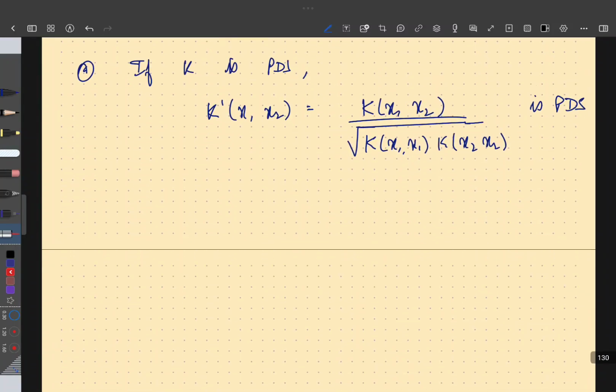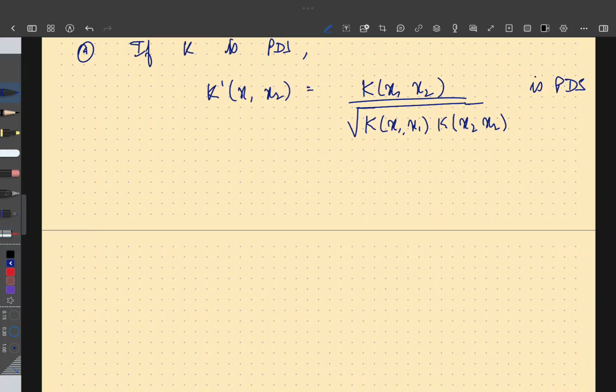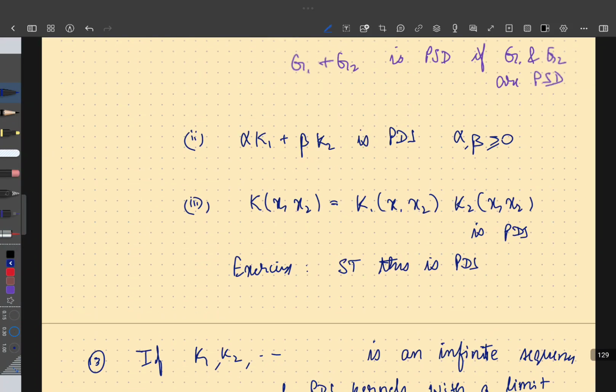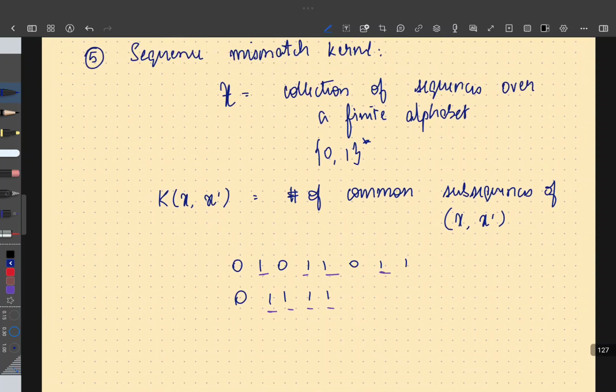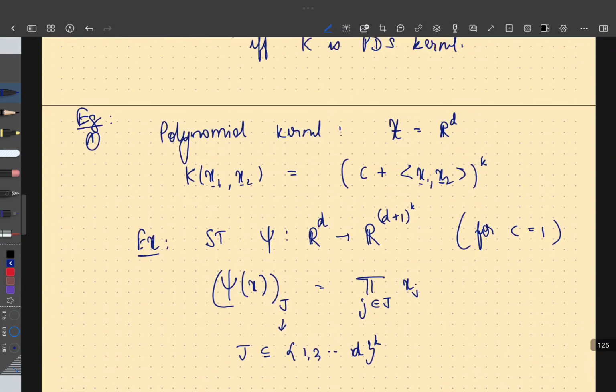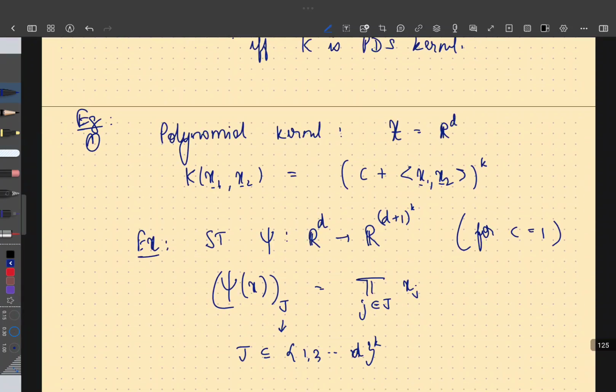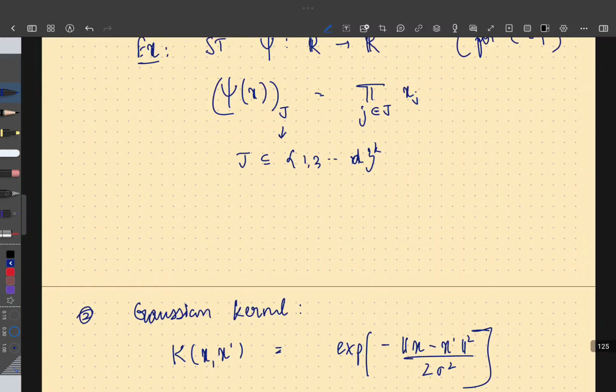Okay. So let's investigate at least some of the kernels that we've seen so far. The first that we saw was the polynomial kernel, c plus the inner product of x1 and x2, whole to the power k.